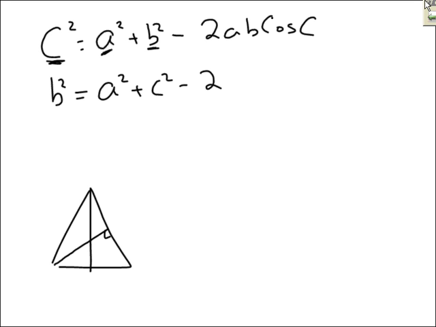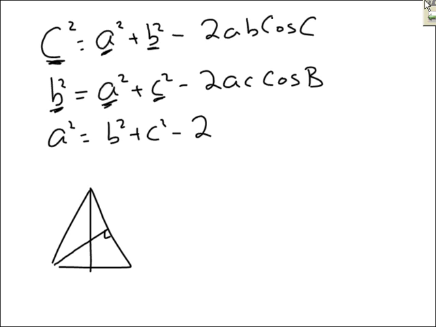Minus 2 times this letter times that letter, AC, times cosine of big B. I could have had a first: a squared equals b squared plus c squared, the other two letters, minus 2 times BC times cosine of big A. There are the laws of cosines. Now, I want to talk about the angle that we are taking the cosine of.